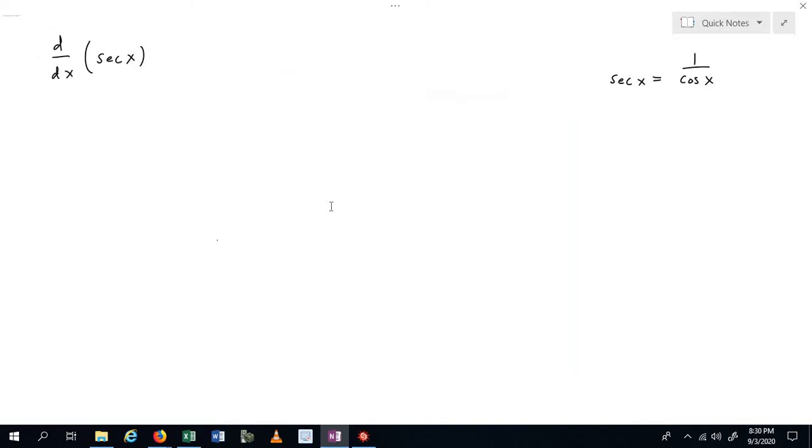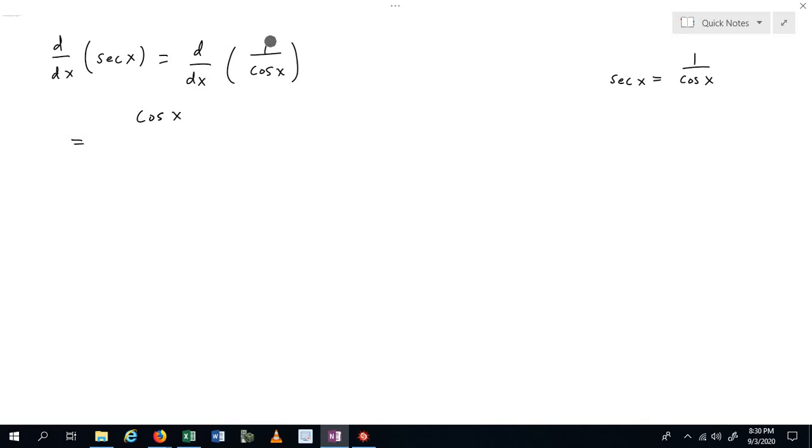Let's find the derivative of secant of x. Now again, we don't have to go back to the limit definition of the derivative to find this, because we can always write secant as 1 over cosine, and we already know the derivative of cosine. And we can just apply the quotient rule to find this derivative. Okay, so again, it's low times the derivative of the high.